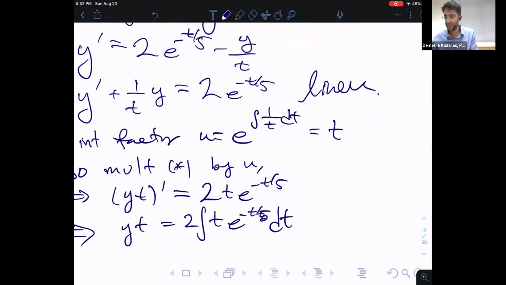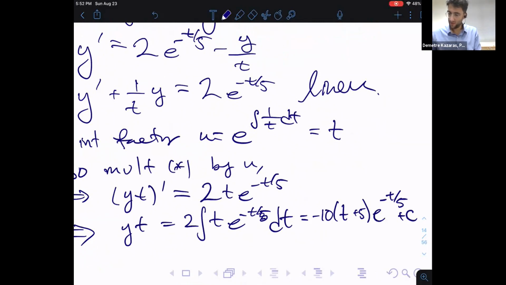Integrating by parts, where you differentiate the t and take the antiderivative of e to the minus t over 5, will tell us that this is equal to, let's see, minus 10 t plus 5 e to the minus t over 5, plus some constant c.